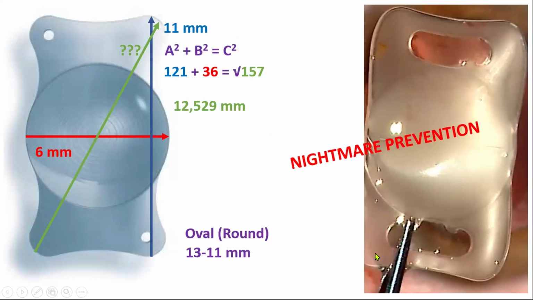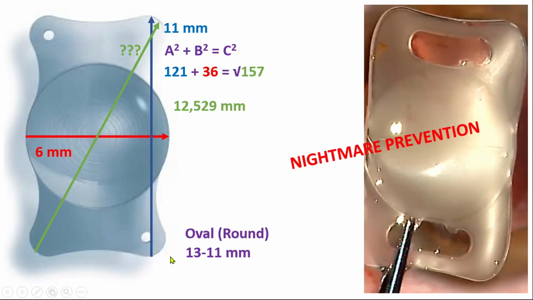And when this kind of lenses have no capsular tension ring, then the explantation after 7, 8 years becomes very challenging and not free from complications. So again, my advice is place, please, a capsular tension ring.